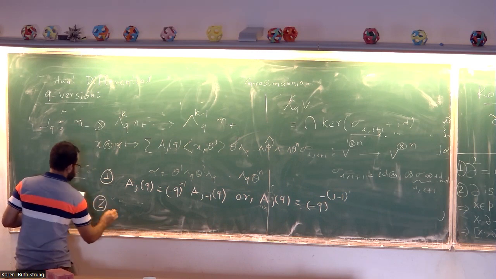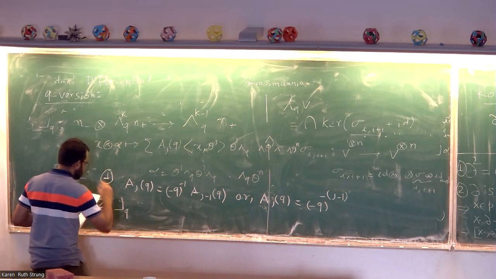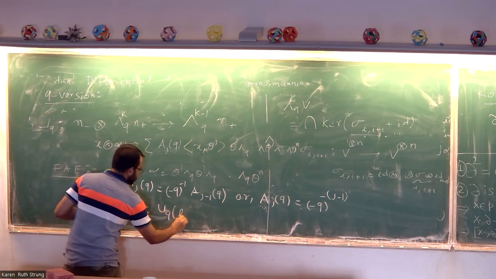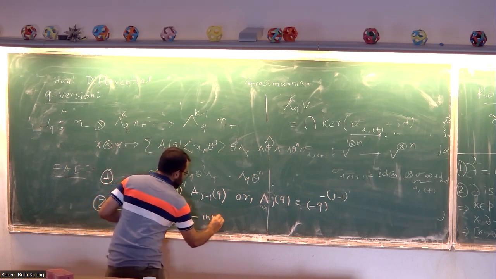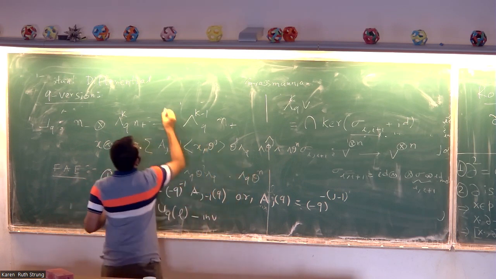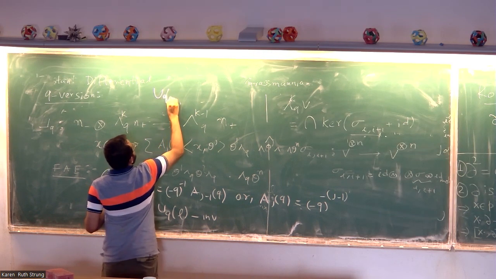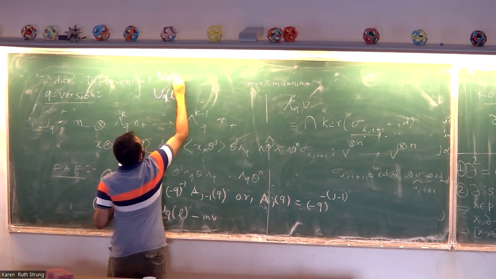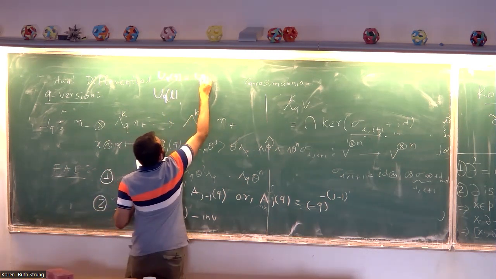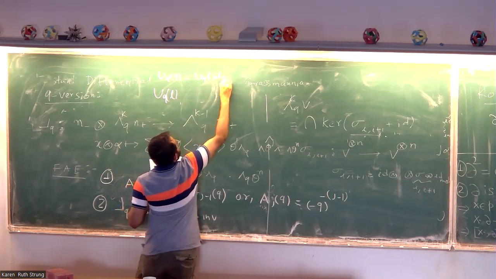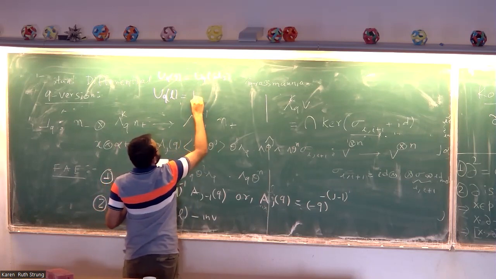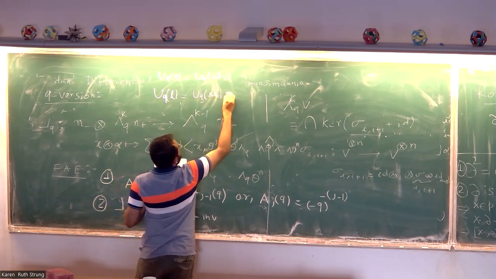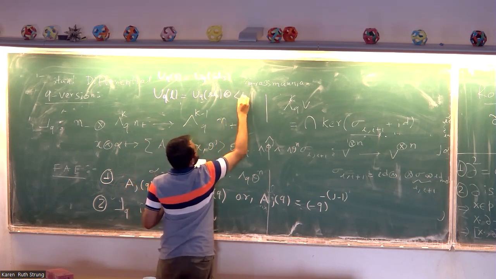Number two, the q version of the contraction map is U_q(l)-invariant. So U_q(l), for example if U_q(g) is U_q(sl3), will be given by U_q(sl2) tensor the central element.